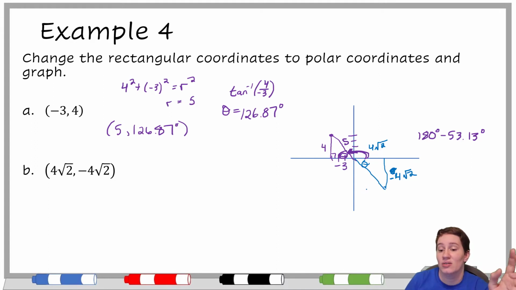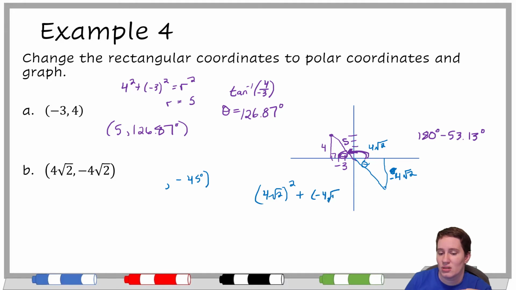And so either we could do the positive angle to get around, which is 315, or we could use the negative angle to get there, which is negative 45. Your choice. And then our radius, we can use the Pythagorean theorem for, or we could try to reason it out using special right triangles.